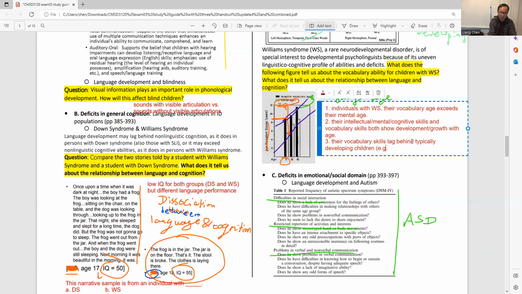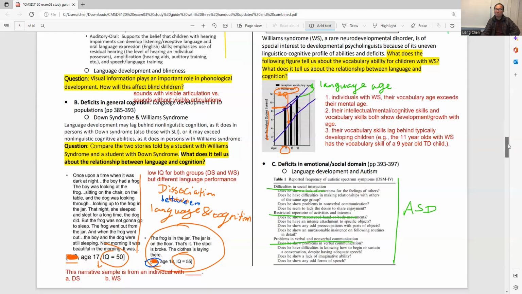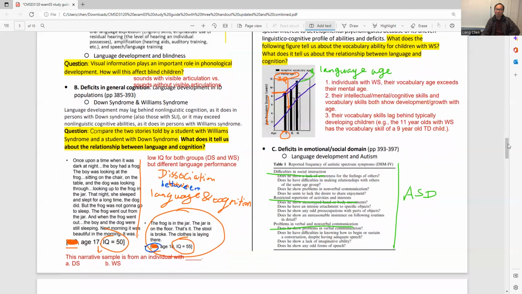For example, the 11-year-olds with Williams syndrome have the vocabulary skill of a 9-year-old typically developing child. So in spite of the strength of children with Williams syndrome, they are still lagging behind typically developing children.